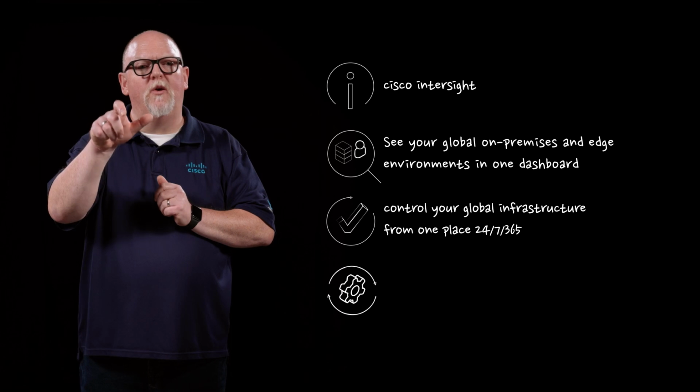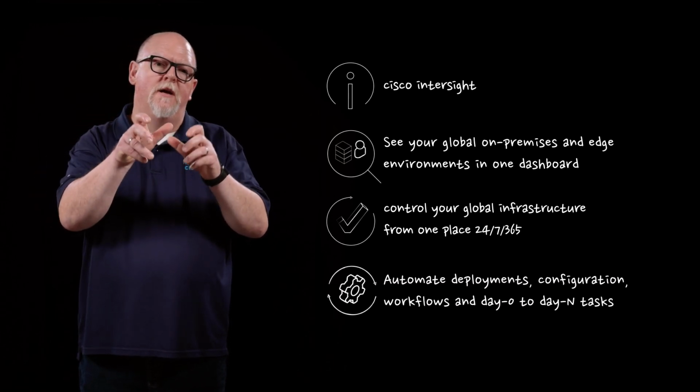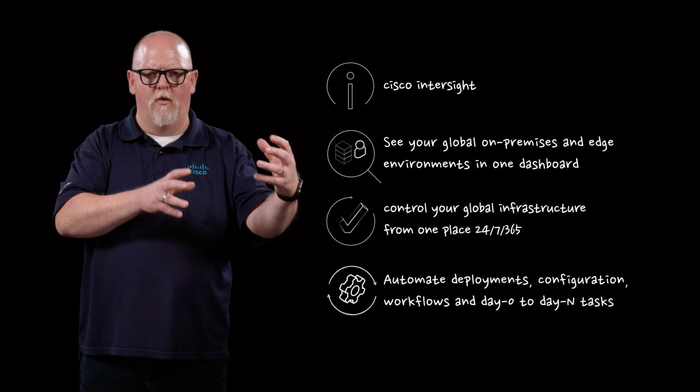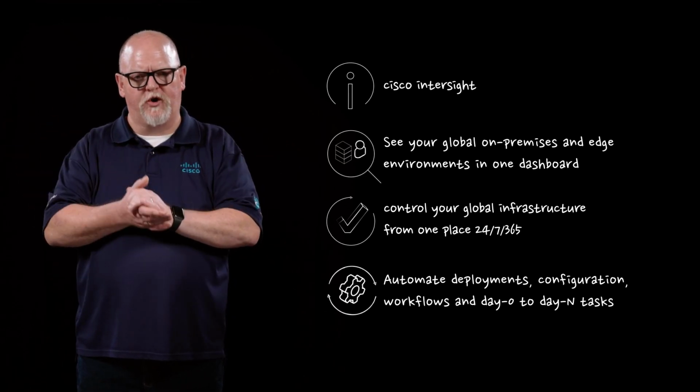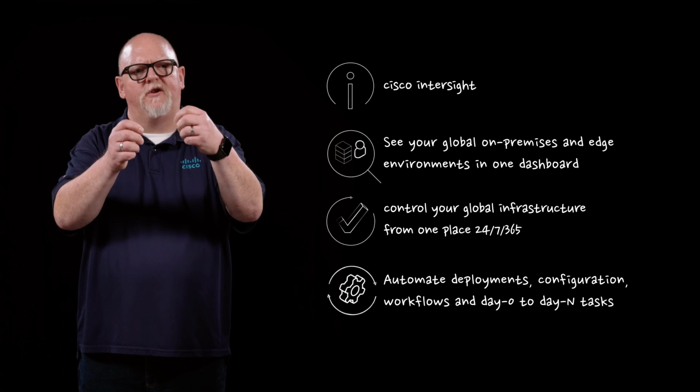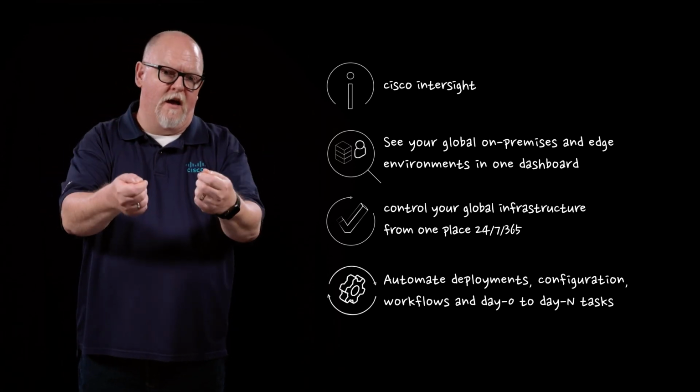How do I actually automate this? How do I bring this platform into my overall infrastructure automation story? How do I do that without introducing another layer of complexity? This is the co-development work that goes on between Cisco and Nutanix.